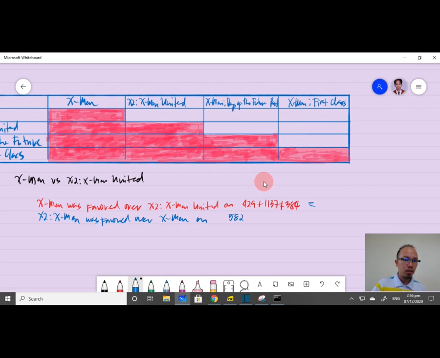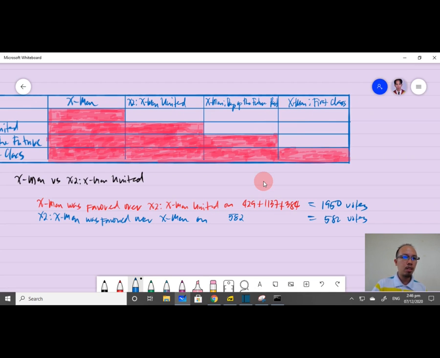Okay, so let's compute: 429 plus 1137 plus 384, we have 1,950 votes, and here we have 582 votes.